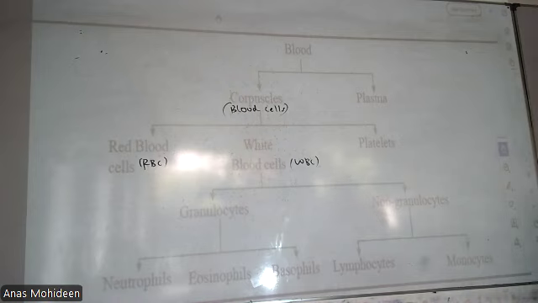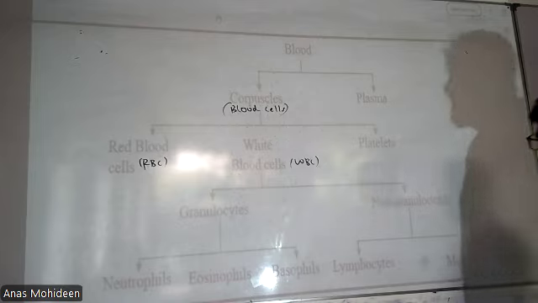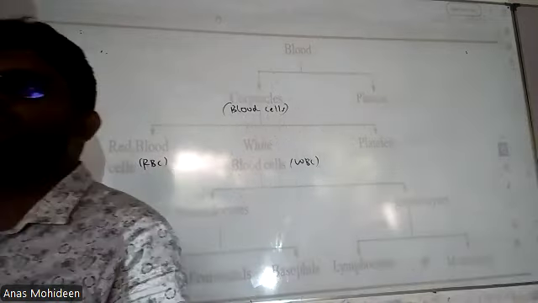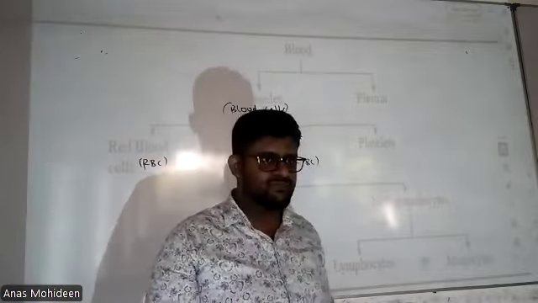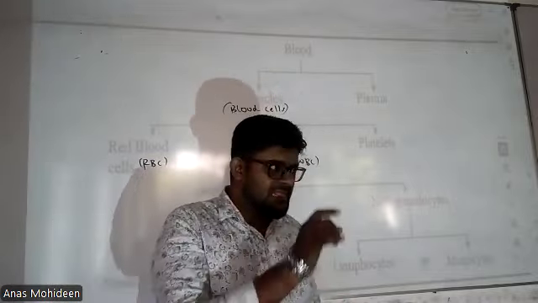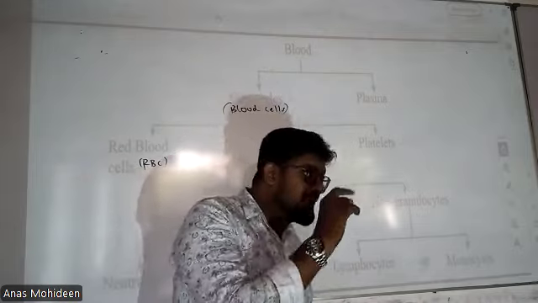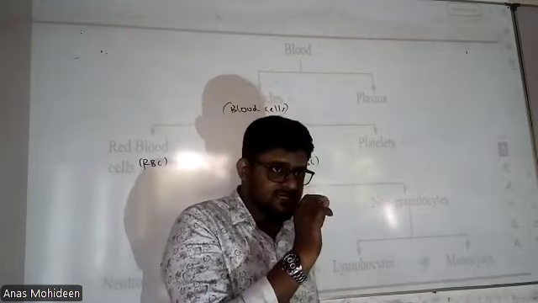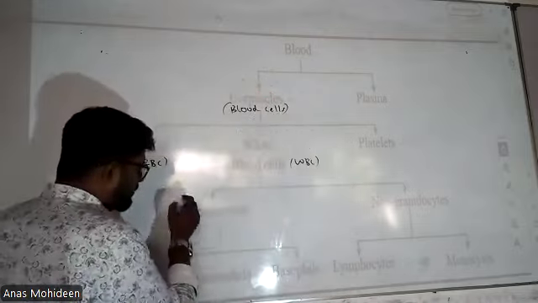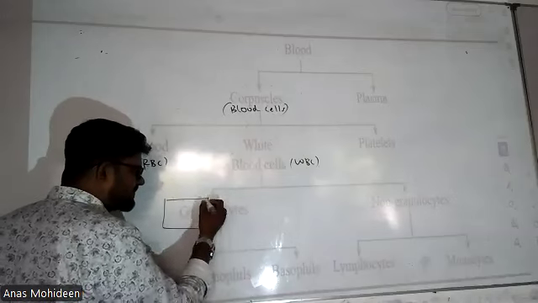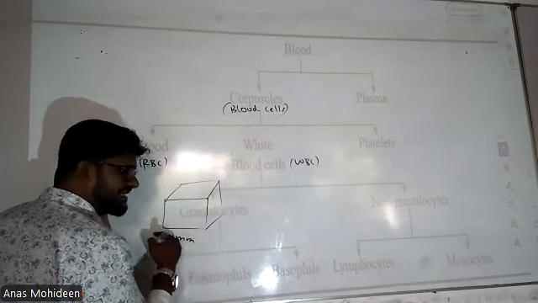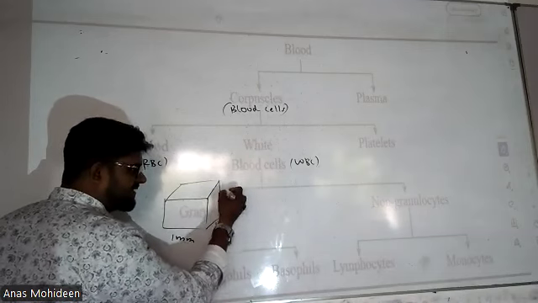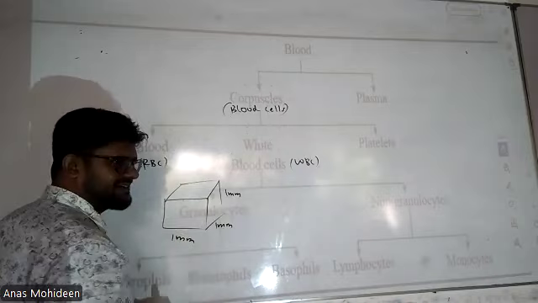Red blood cells. Okay. We get the count for 1 cubic millimeter. 1 cubic millimeter means when you take your ruler, 1 centimeter is divided into 10 millimeters. How small it is. So, such a cube you take. I'm just drawing larger. 1 millimeter length, 1 millimeter width, and 1 millimeter height.